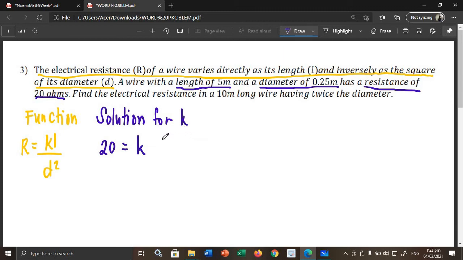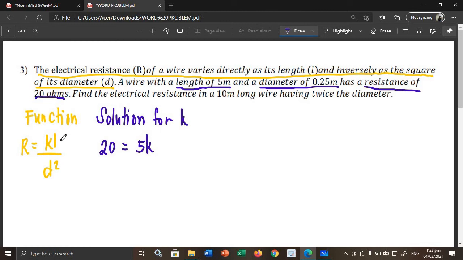So, write K there. Our length is 5 meters. So, write 5 there. But again, as I said, the number always comes before the variable. So, we can write 5K here.